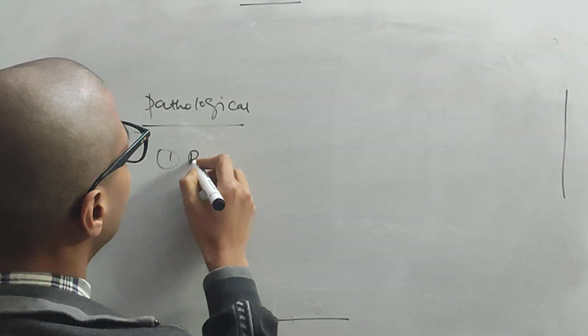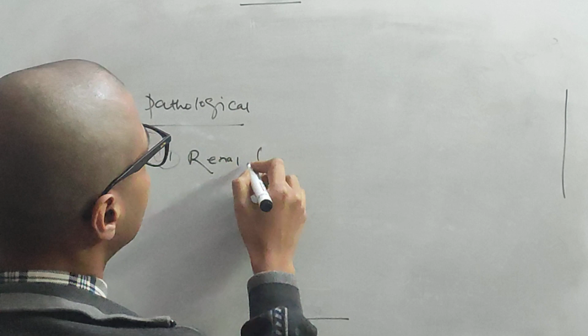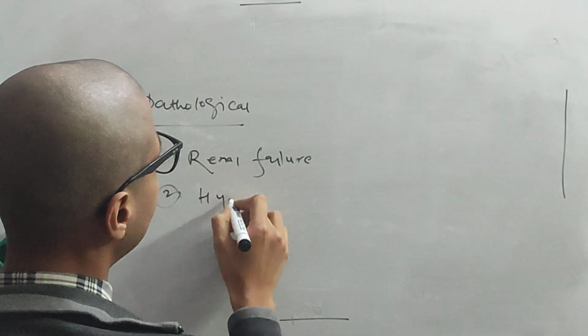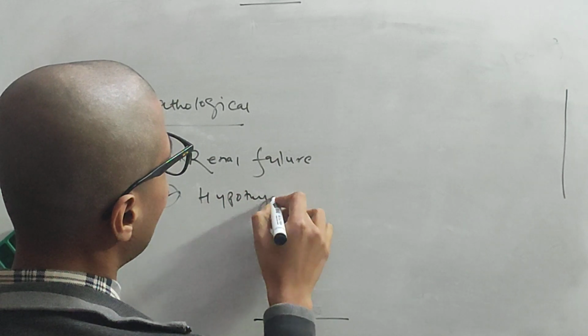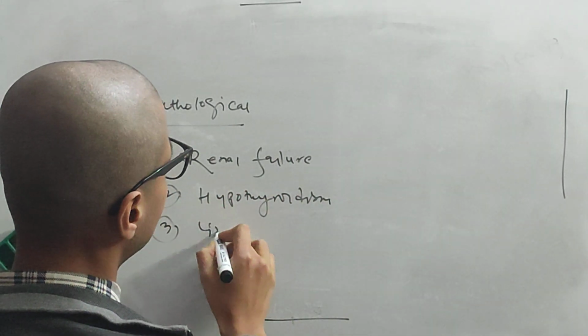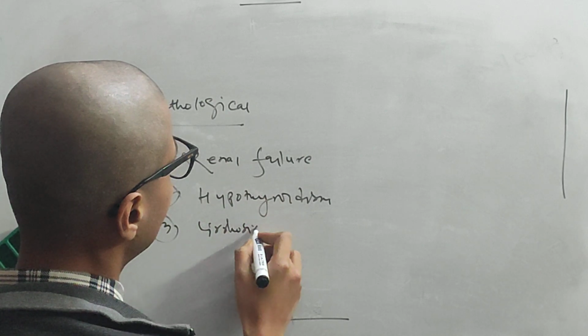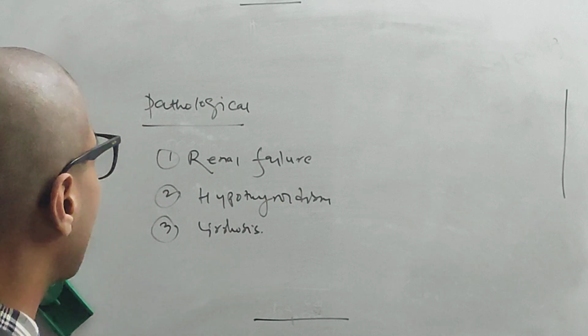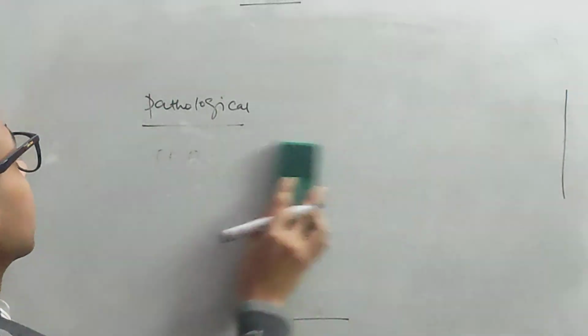Next is renal failure due to low clearance of prolactin. Another is hypothyroidism. Another is cirrhosis. So in these states also you can get high prolactin in the serum. So you have to check for these pathologies.